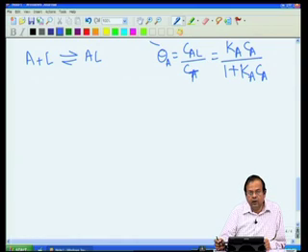But in our gaseous reactant we have product B also.